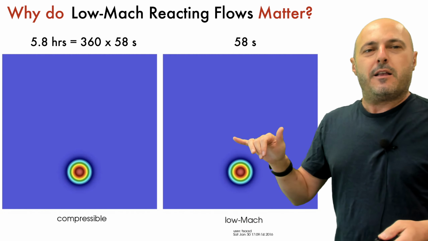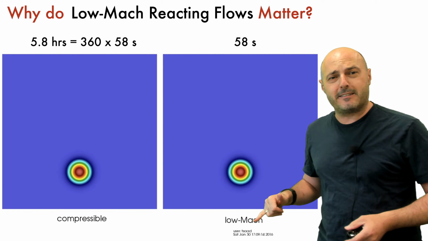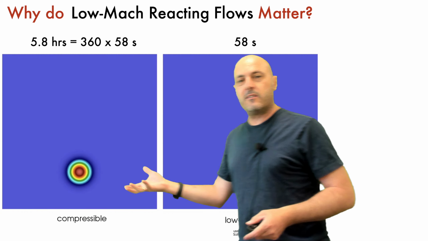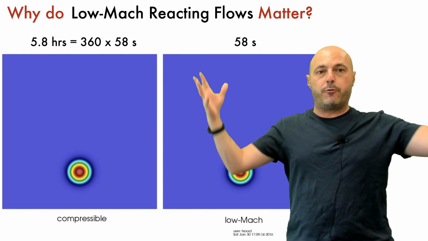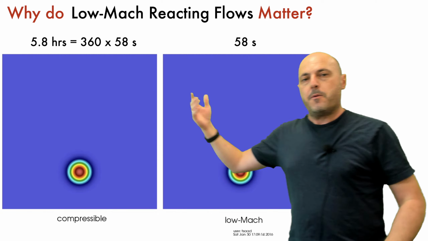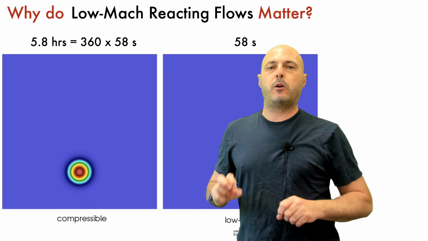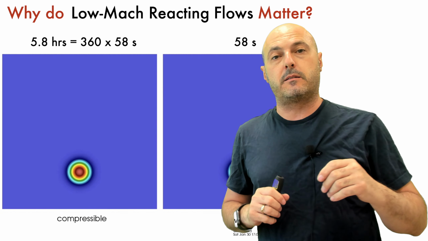Okay? Here's a simulation we did in our code a few years ago, 2017. Apparently, I still have my username here. Okay, so this is a heated blob of air in a gravitational field in a room. This one uses the full gas dynamics equations, and it is stepping at the acoustic timescales.